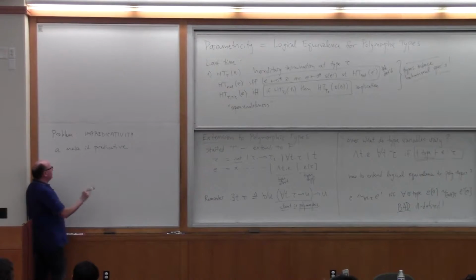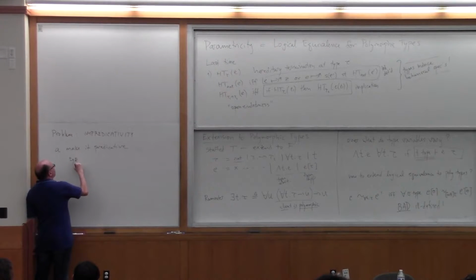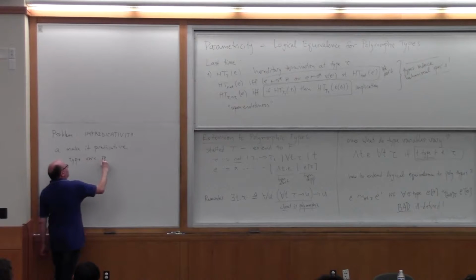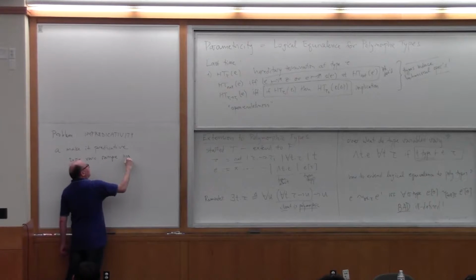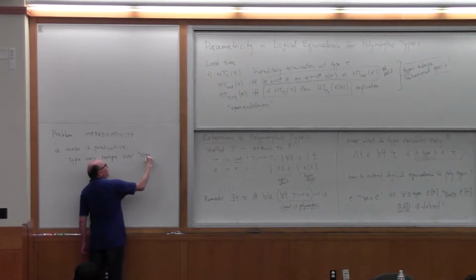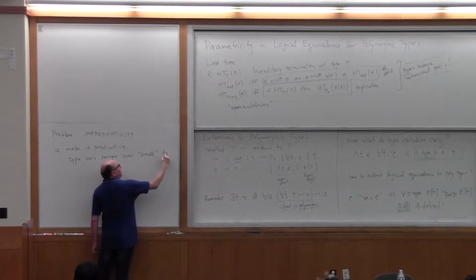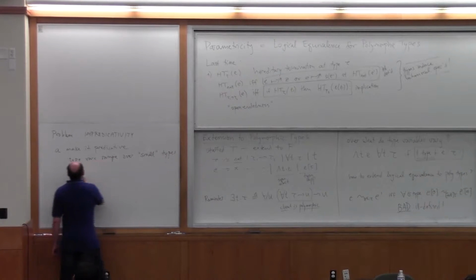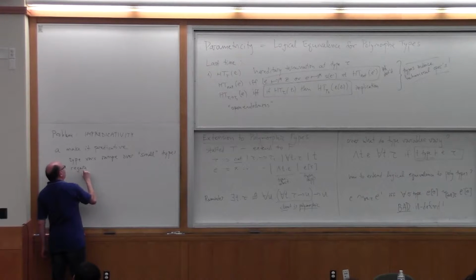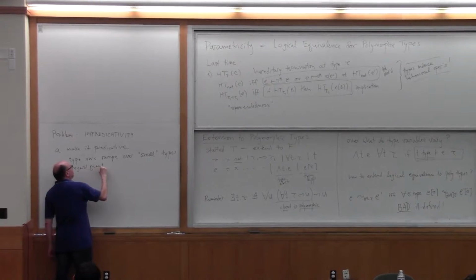What you do is say that type variables range over, I'll just use a word, small, don't take that to have any particular meaning, and you regard quantified types as large.